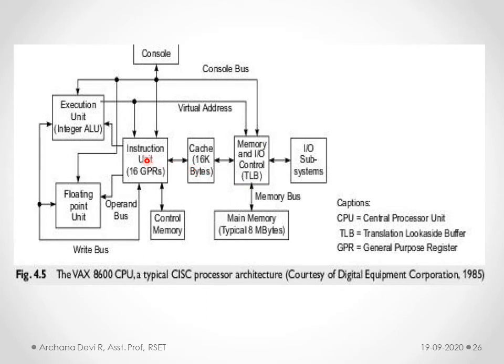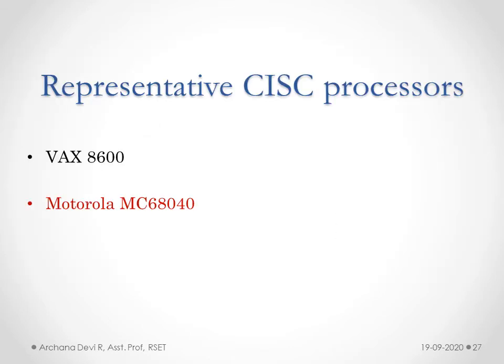The instruction unit fetches the instruction, decodes it, and if it's an integer operation, it's fed to the integer unit. If it's a floating point operation, it's fed to the floating point unit. So this is a general idea of the VAX 8600 architecture. Now let us look at the Motorola MC68040 architecture.